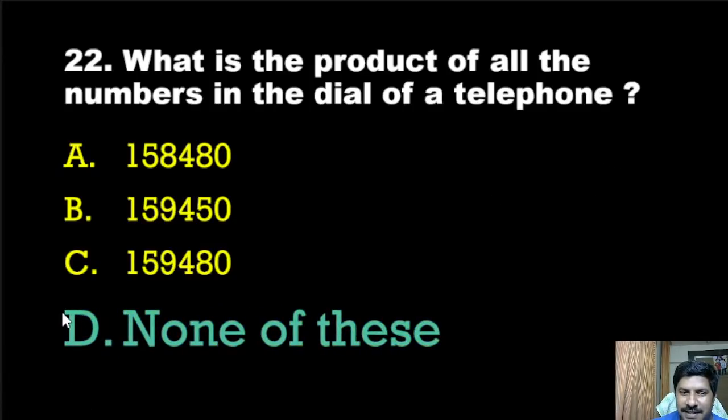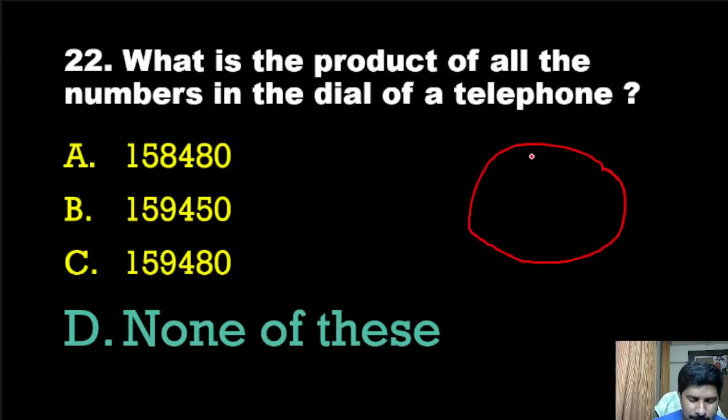Why? Can anybody explain? No need to multiply, there is a simple explanation. There will be 1, 2, 3, up to 9, and after 9, there will be one button for 0.